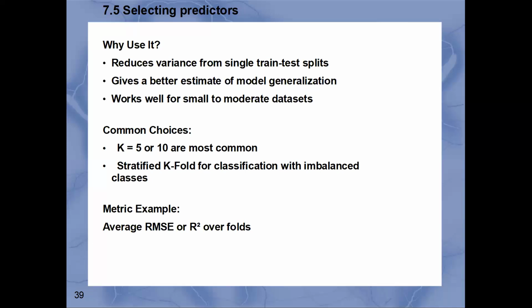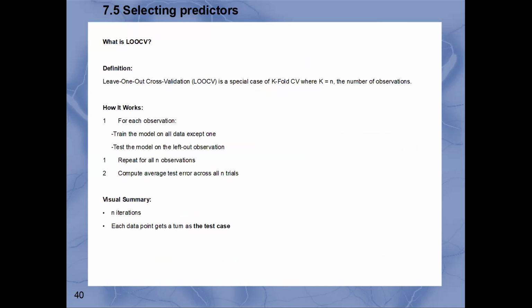Common choices are k equal 5 or 10, and there's a stratified k-fold for classification with imbalanced classes. And we average the root mean square error or R squared over the folds.